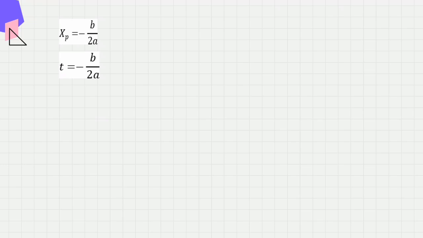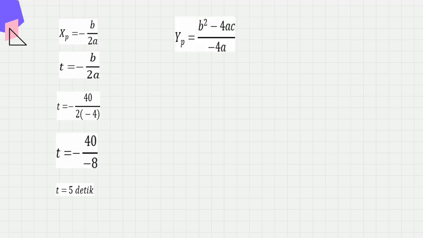Substituting b and a into the formula, it becomes t is equal to negative 40 divided by 2 times negative 4. So, t is equal to negative 40 divided by negative 8. After calculating, t is equal to 5 seconds. And then, yp is equal to b squared minus 4ac all over negative 4a.